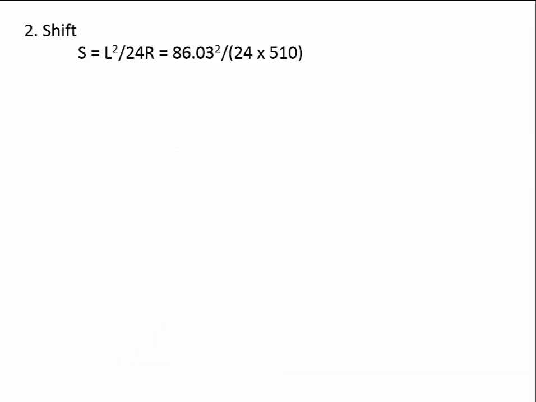The shift we calculate using this equation. Once again, we've got the length now. R24 is part of the conversion, so our shift is 0.605, and that is the distance along which the circular curve has been shifted to accommodate the transition curve.